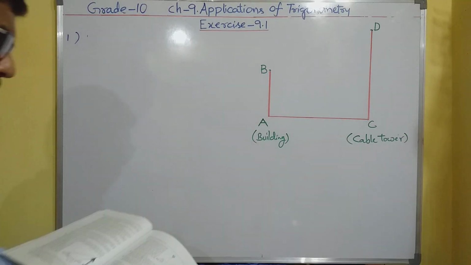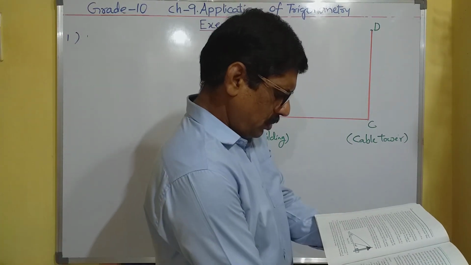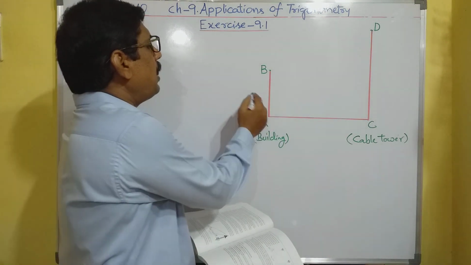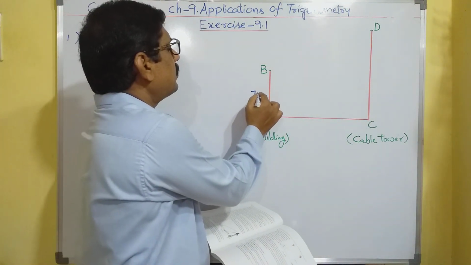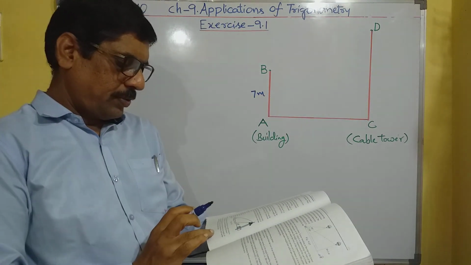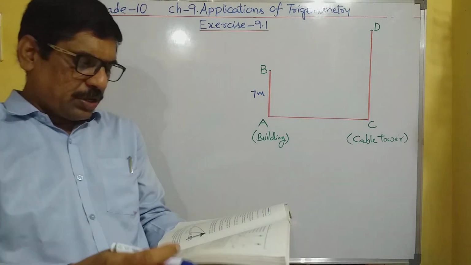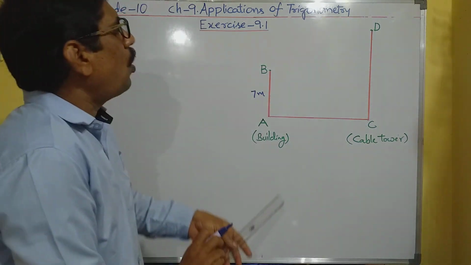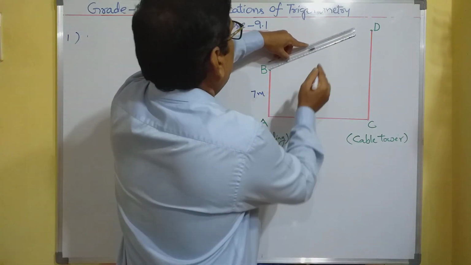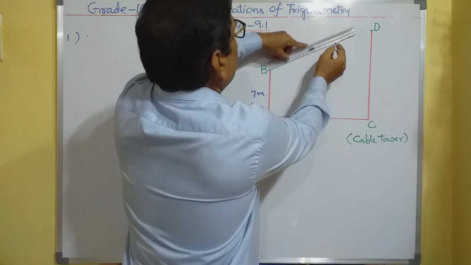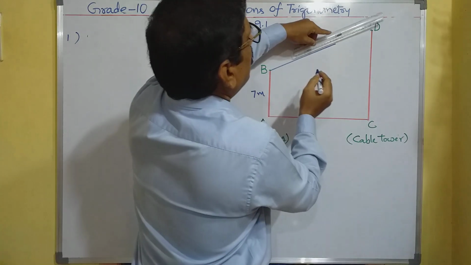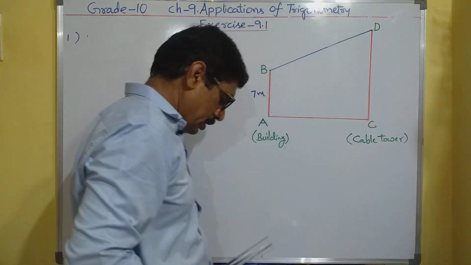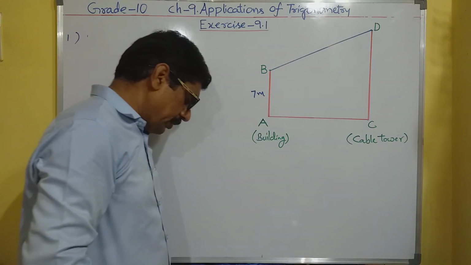Now the 12th problem. From the top of a 7 meters high building. So here this is a building, its height is 7 meters. The angle of elevation of the top of a cable tower is 60 degrees. See, from this top, the angle of elevation of a cable tower from the top of a building is given as 60 degrees.